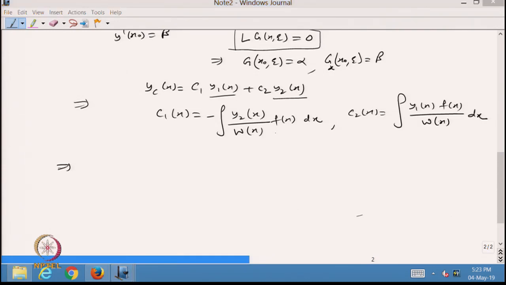So this is the corresponding c1 and c2 I found, and then I am to write the general solution.